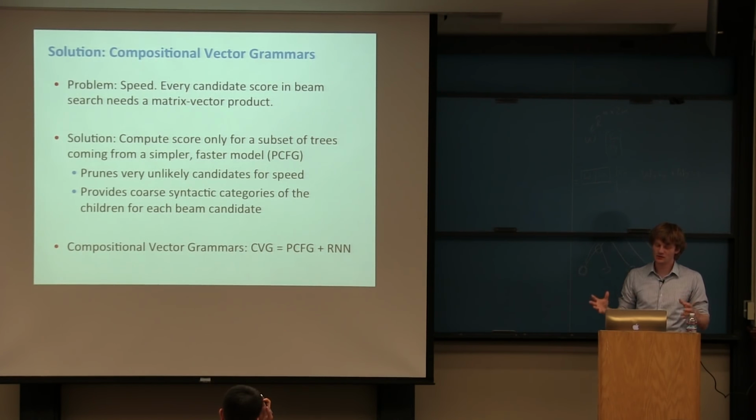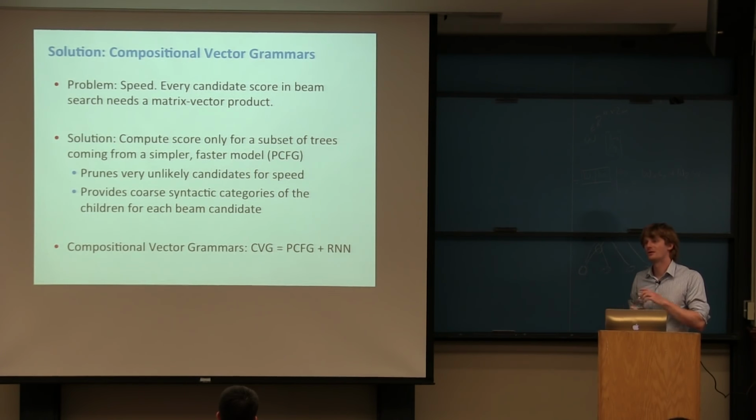And just taking those counts basically boils down to a probabilistic context-free grammar. We can't really go into the details in this class, but it's a very simple generative model of parse trees. And in its most simple form, it's very fast, but it's not very accurate. But it turns out it's good enough to give us a bunch of candidates which we can then go over. And it's also good enough to help us condition and get syntactic categories.